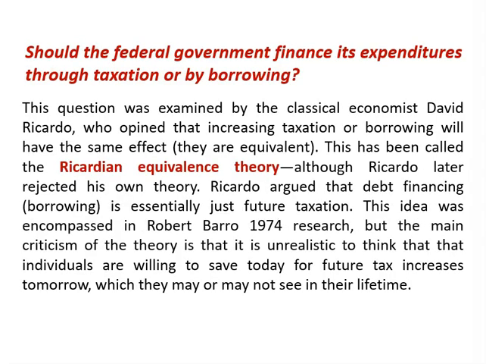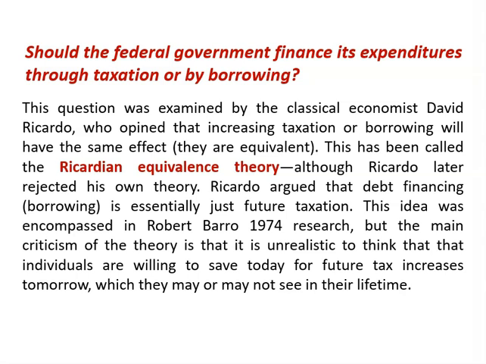Should the federal government finance its expenditures through taxation, or by borrowing? This question was examined by the classical economist David Ricardo, who opined that increasing taxation or borrowing will have the same effect, that is, they are equivalent. This has been called the Ricardian equivalence theory, although Ricardo later rejected his own theory.